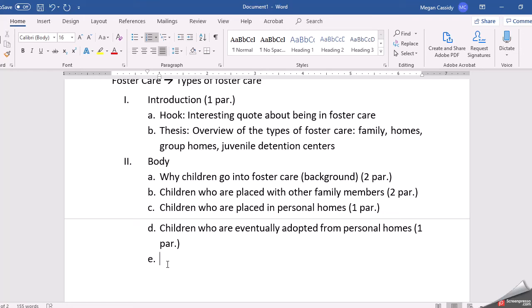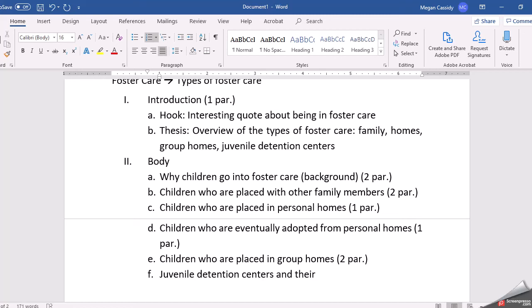So, children who are placed in group homes. And I'm going to have 2 paragraphs about that. And then I'm going to have juvenile detention centers and their ties to foster care agencies.